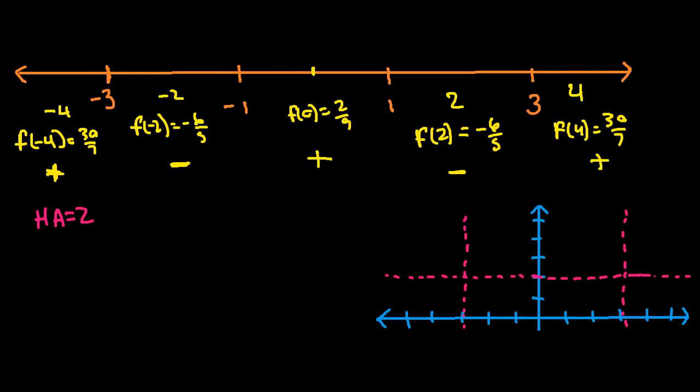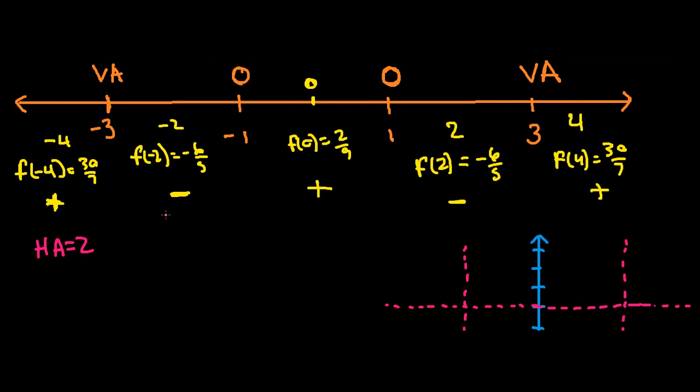So now that we've done that, let's start using our signs to come up with our graph. So here we saw that the sign of the function was positive.